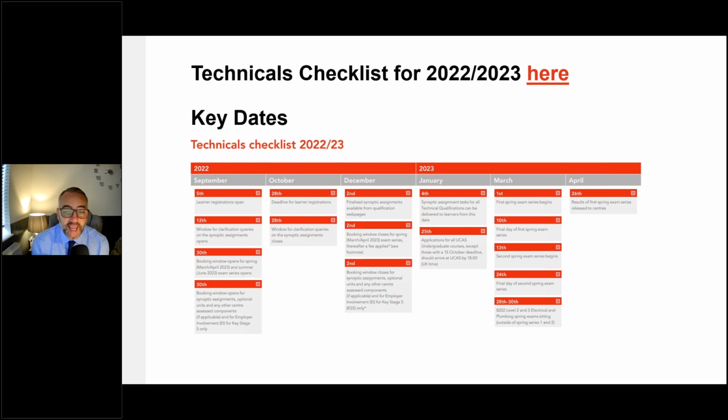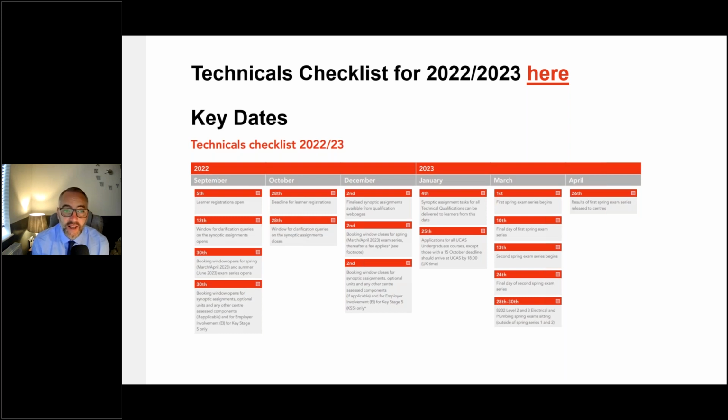So it's key that you're aware that these exams still need to be booked. Your learners could be registered on the qualification, but you still need to book the exams. Now, it may be a different department, it may be your exams team who do this, that's fine. But please liaise with them and make an important note for yourselves that we can't miss any of these key deadlines.